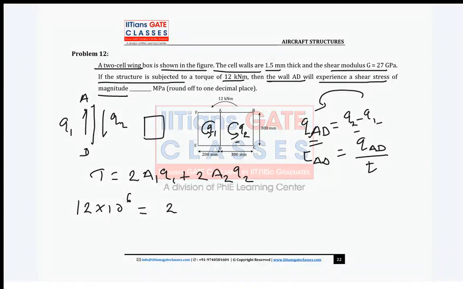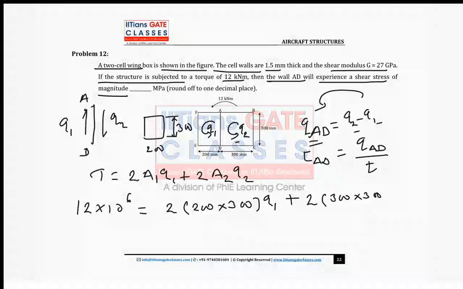It is 200 and it is 300. So it is 200 into 300 and q1 is unknown. Then what is the area 2? It is 300 into 300, and q2 is unknown.